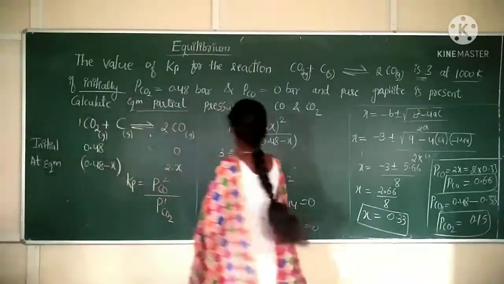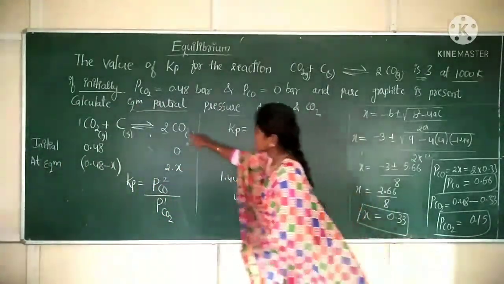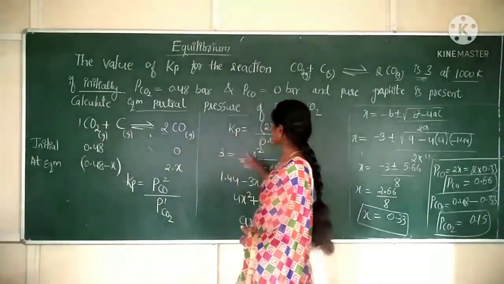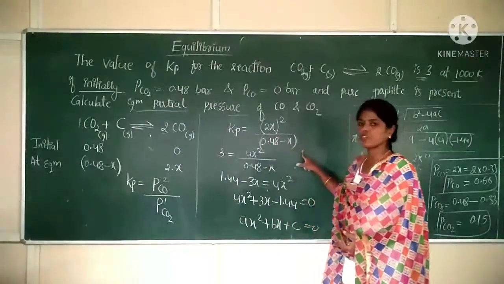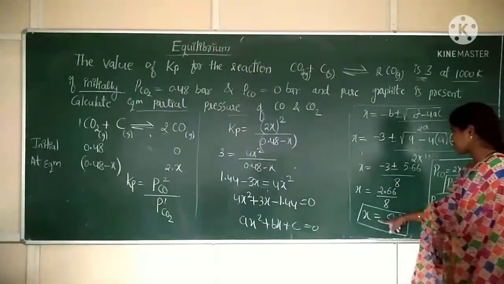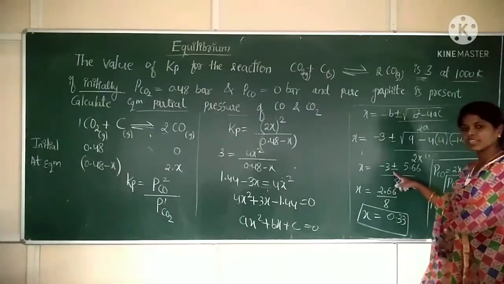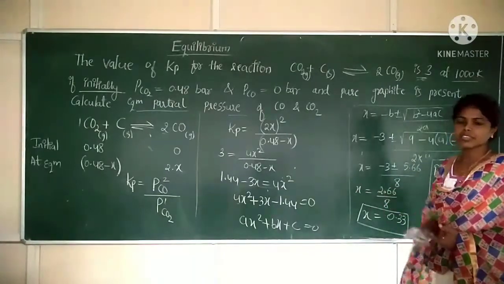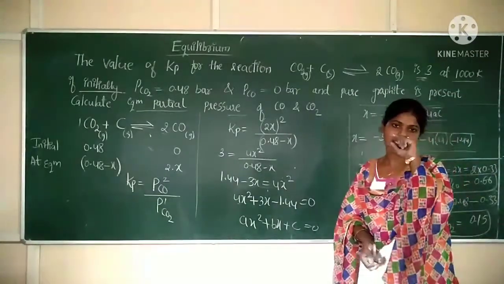Now Kp value is 3, and at equilibrium the partial pressure of CO will be (2x) whole to the power 2, divided by 0.48 minus x. So simplify the equation and you will get x equal to 0.33. Actually here we are getting two values, one is negative, the other is positive. Concentration is never taken as negative.